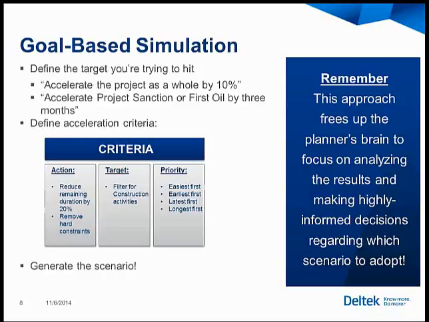Now let's get into it here with these criteria. What might they be for yours? They might be similar to this. They might be something different. In my example here, I'm going to talk about reducing project duration by 20% and removing the hard constraints in the plan, which might be artificially driving us toward a 20% cut or artificially driving us away from a 20% cut. I don't want artificial.